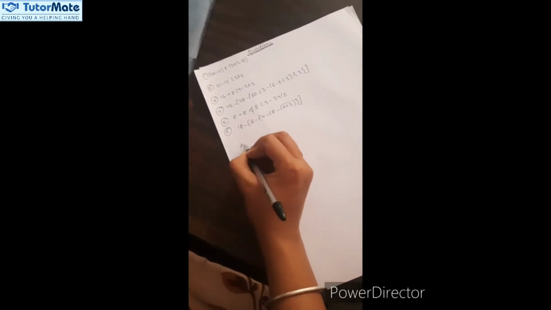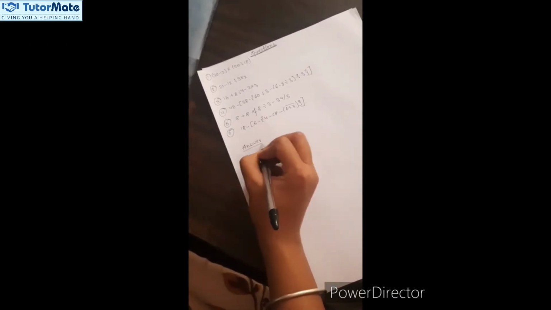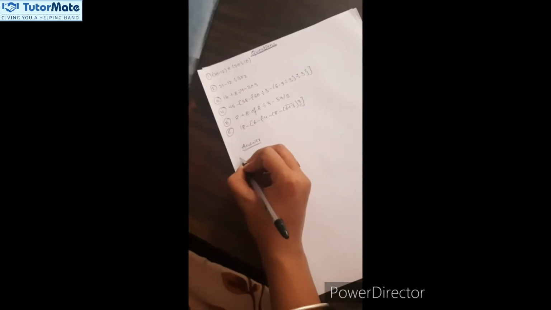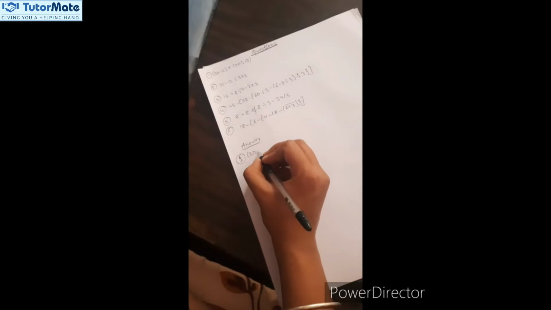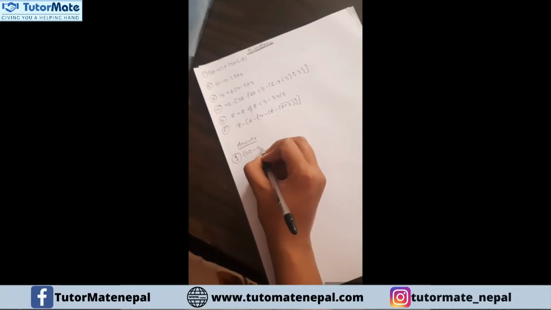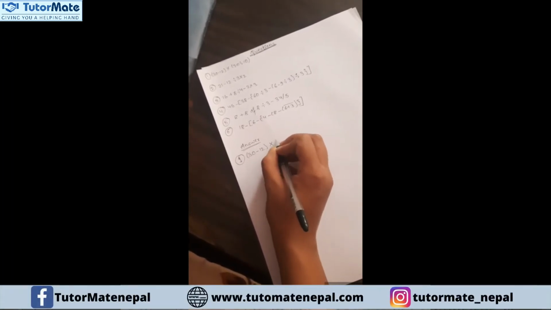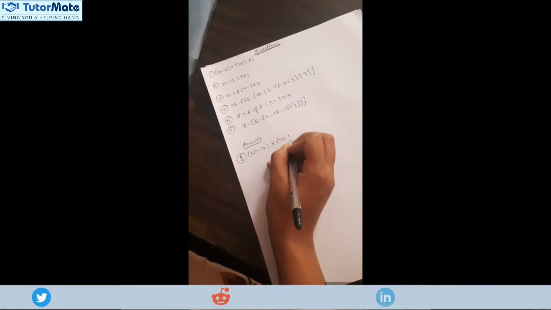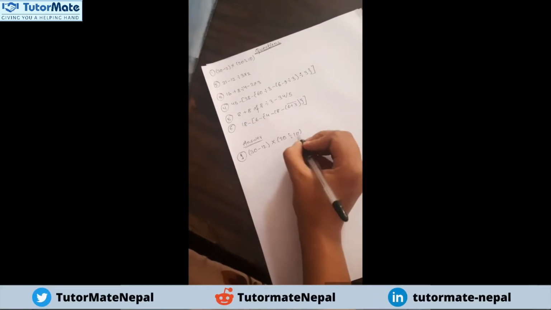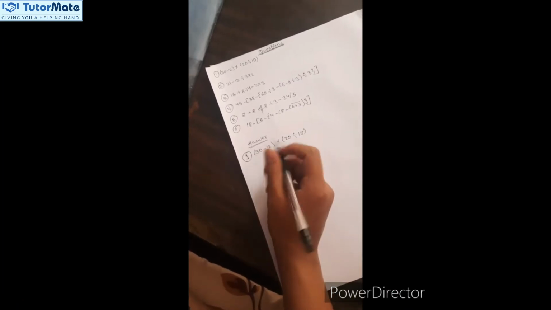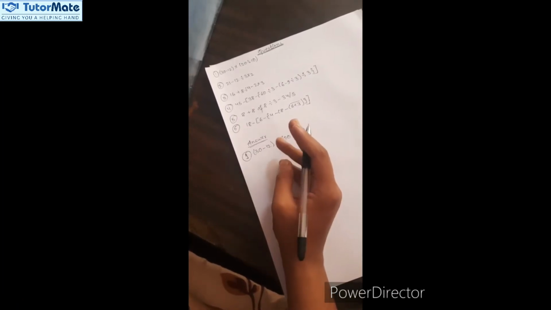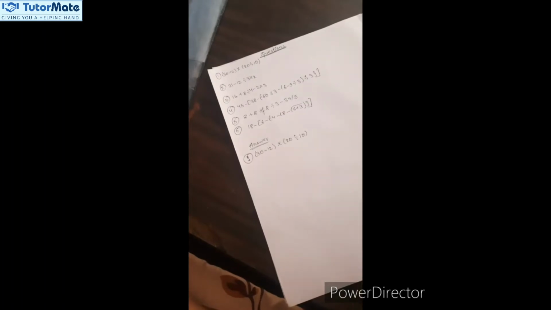Using the BODMAS rule, first of all we should solve the bracket, then of, then division, then multiplication, then addition.